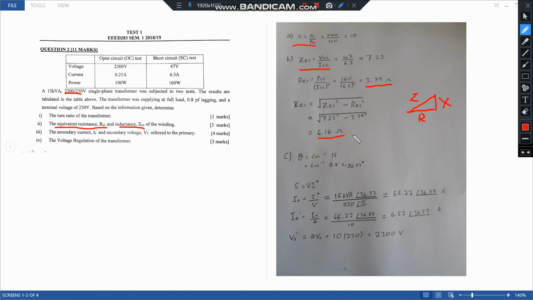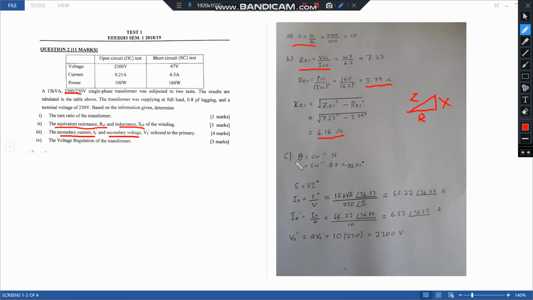For the next question, you need to find the secondary current I2 and secondary voltage V2 prime. First you need to know the theta. The formula given is cos theta equal to PF.